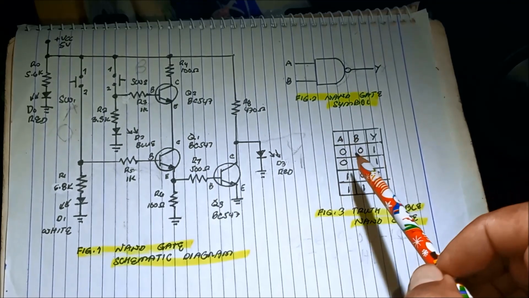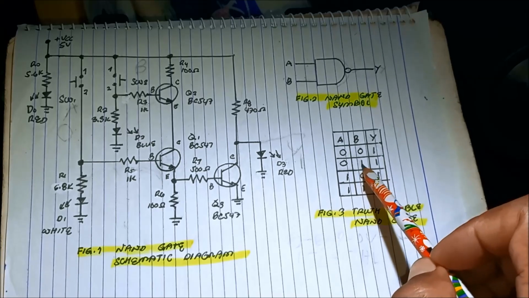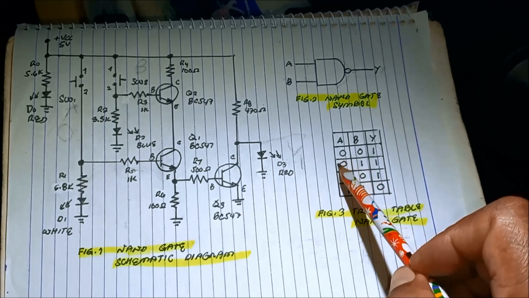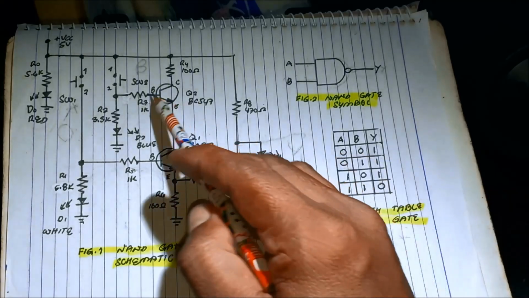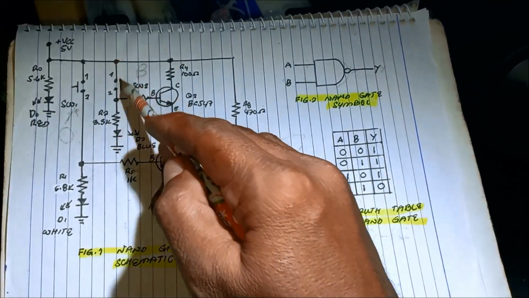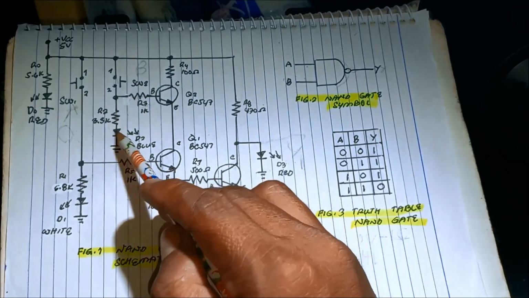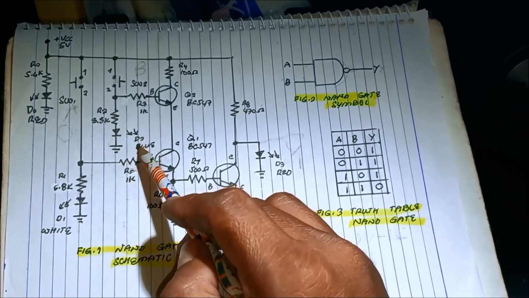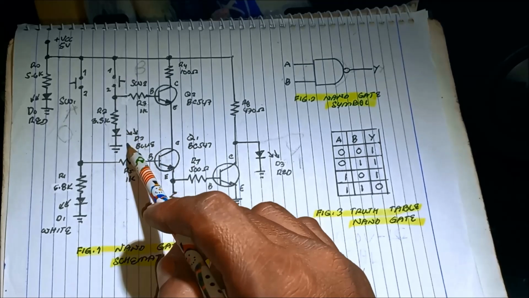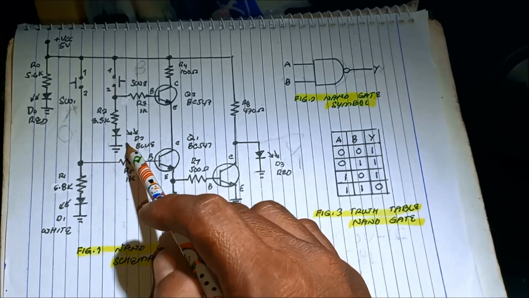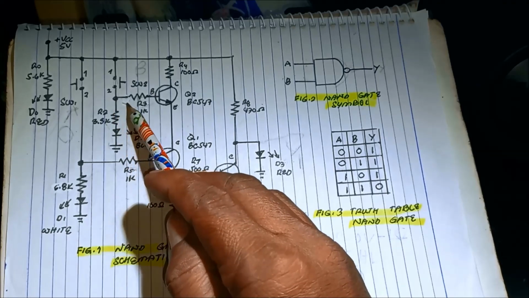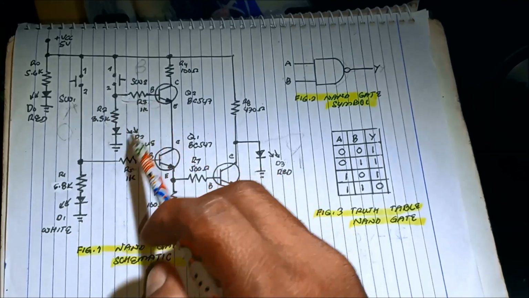So what happens if we press switch B and do not press switch A? When we press switch B, current flows into the 3.3K resistor and the blue LED turns on, because this is an input LED. Do you think current will flow in this direction?